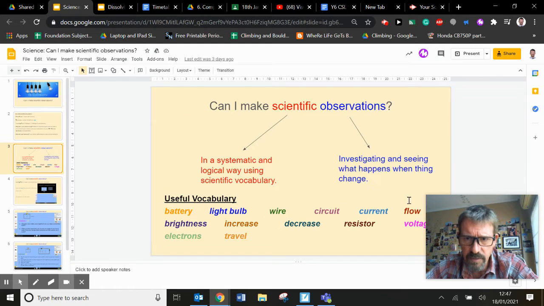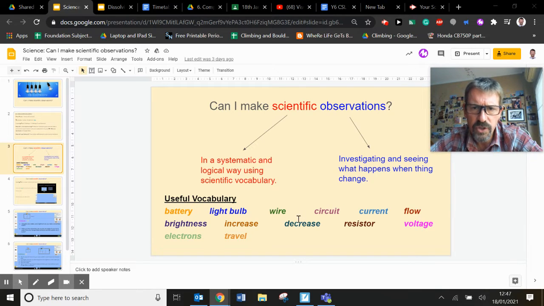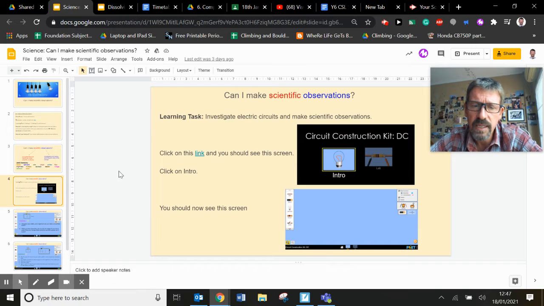And at the bottom here, there are some examples of the vocabulary that you can use in your explanations. And observations, today we're going to be investigating and seeing what happens when things change or when we do things, what happens.